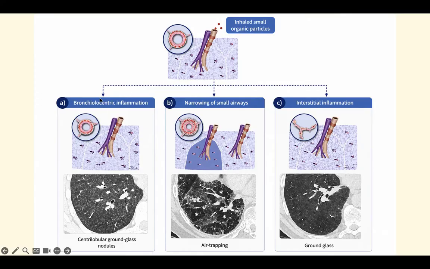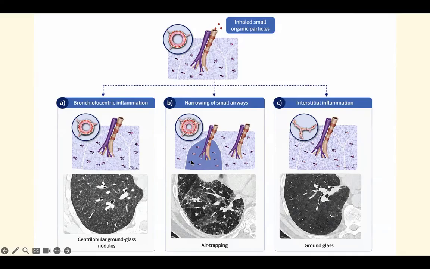First thing, inflammation around the bronchiole, producing the centrilobular ground glass nodules. When this inflammation causes narrowing of the lumen of the bronchiole, it will produce mosaic attenuation on inspiration.